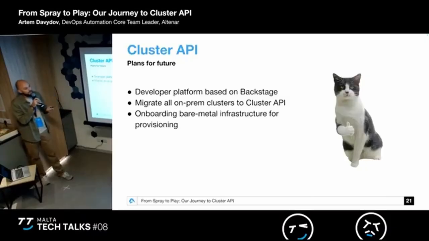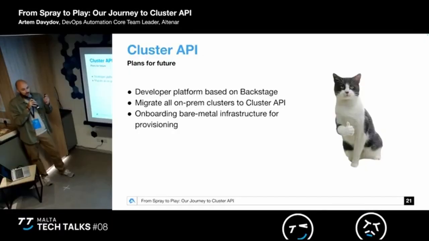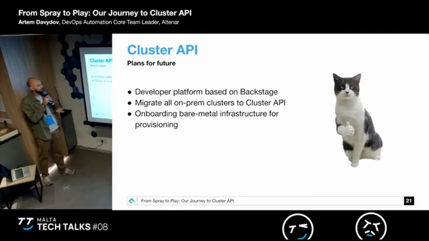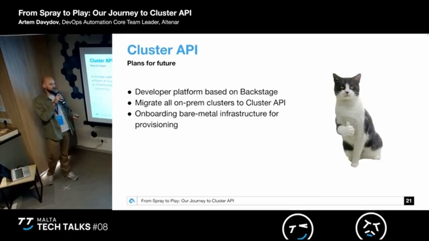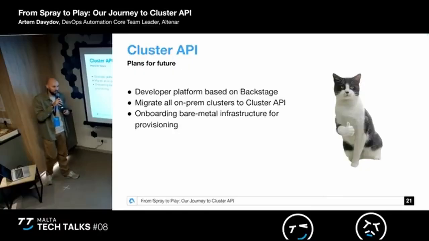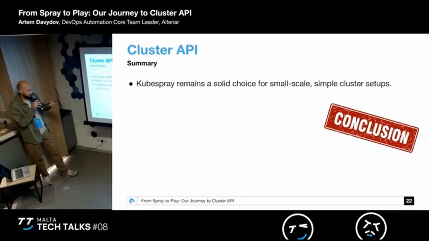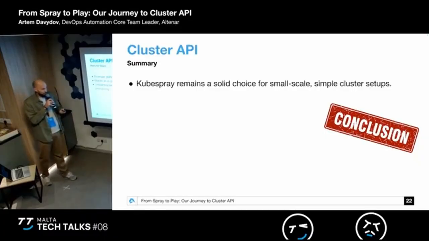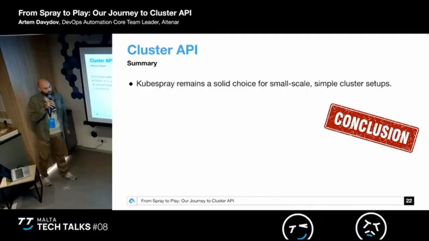Also, the plan is to migrate all on-prem clusters to Cluster API, and onboard bare metal infrastructure for provisioning. Now we have a vendor lock on vSphere, but it could be unlocked by implementing an infrastructure provider on bare metal.